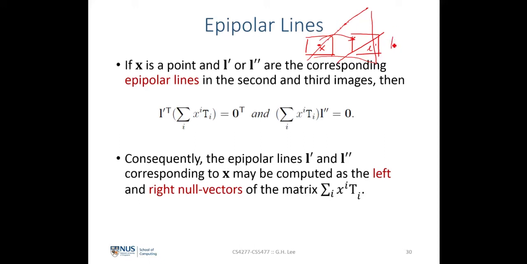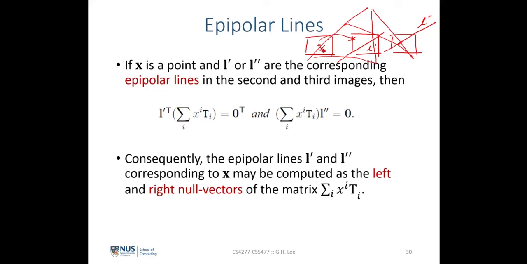Similarly, in the third view, we are going to forward project this particular light ray onto the third view, and this is going to define another line. This plane and the image plane are going to intersect at this particular line, which we call L double prime, and this is going to be the epipolar line formed by a point correspondence in the first image.